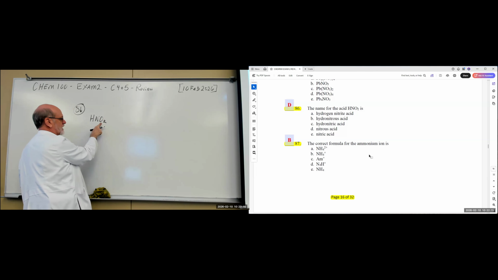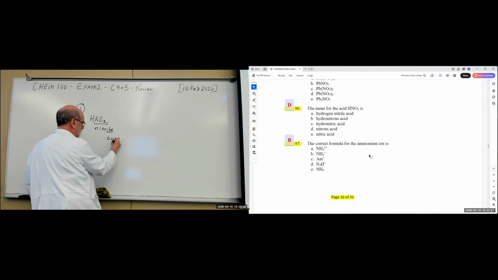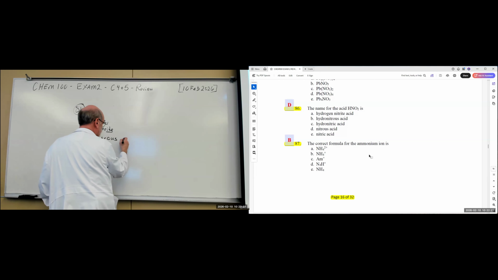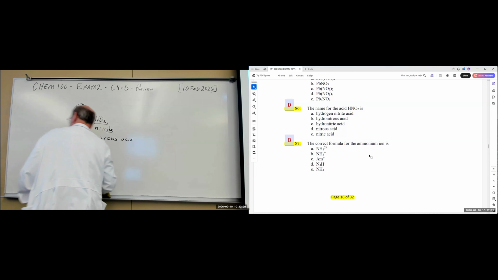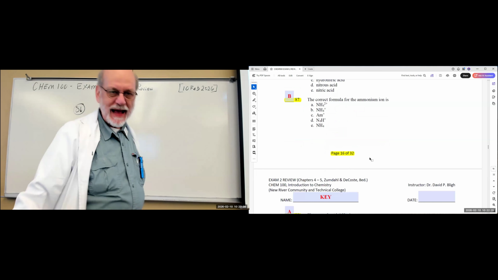HNO2 has oxygen in it. So we go to this part of the molecule. This is nitrite. And ites become ous. Nitrous acid. 87.